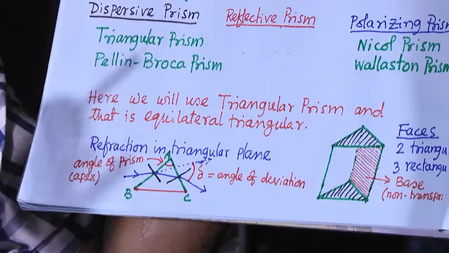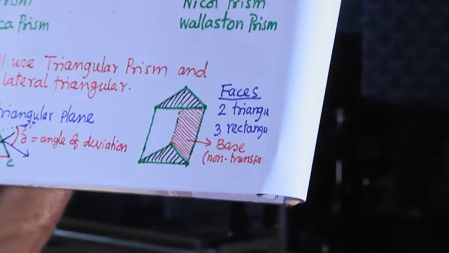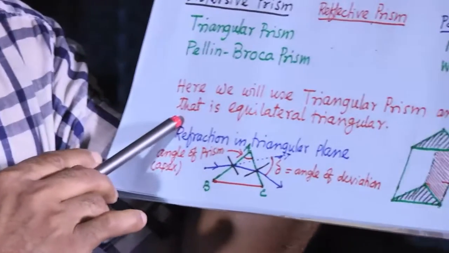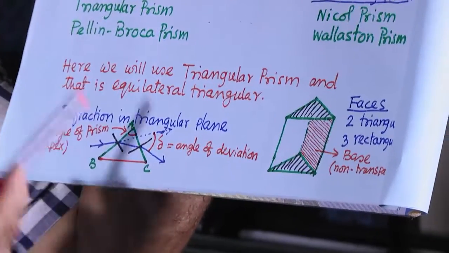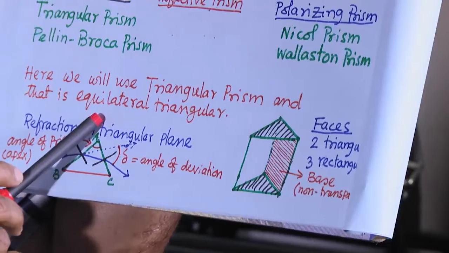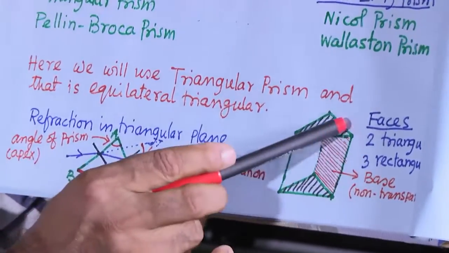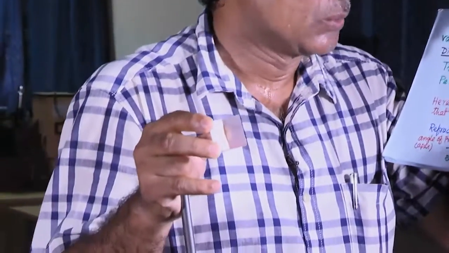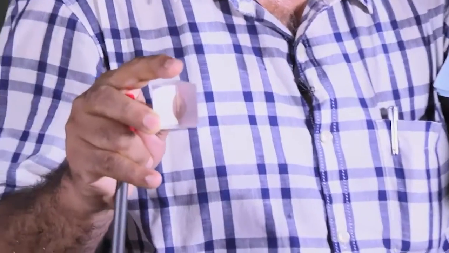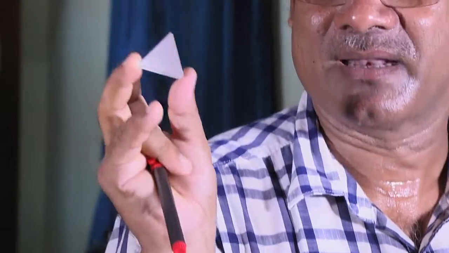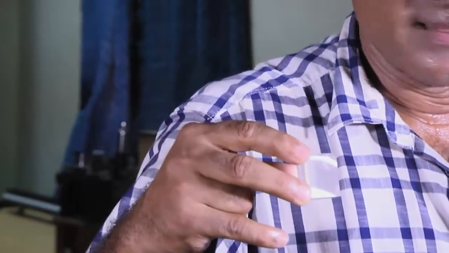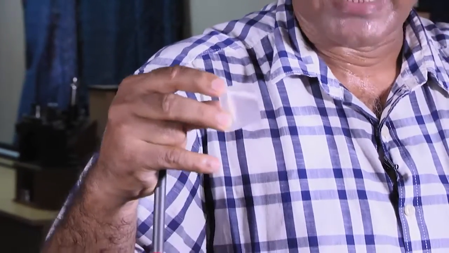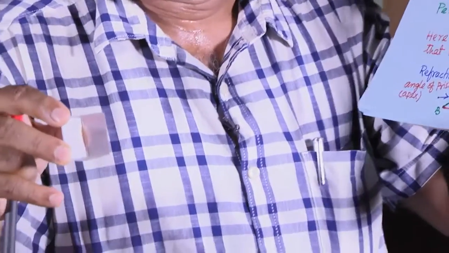In this case we will use the triangular prism, and it is basically an equilateral triangular prism. It is this type of shape. It has 2 triangular faces and 3 rectangular faces.